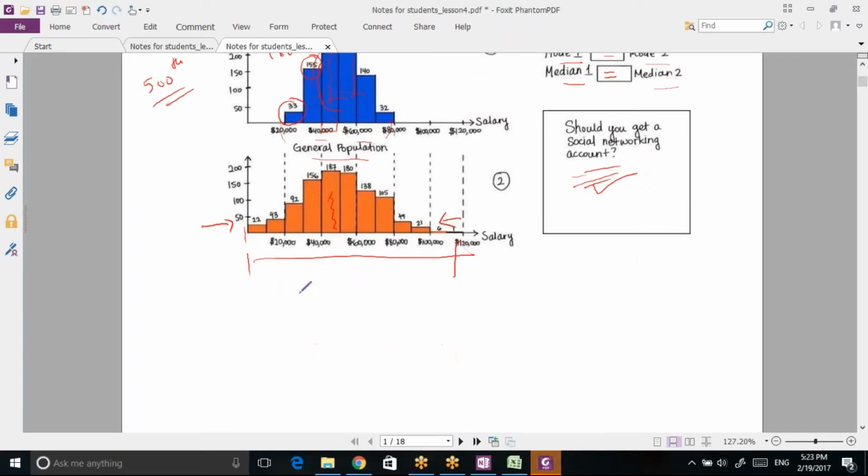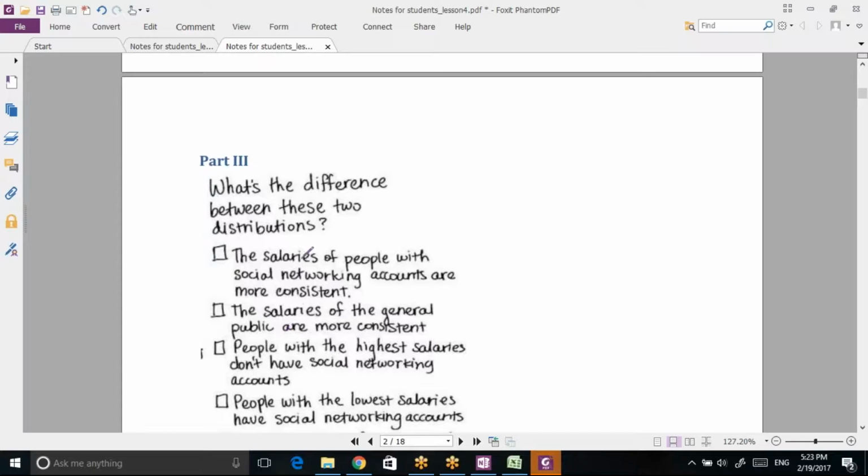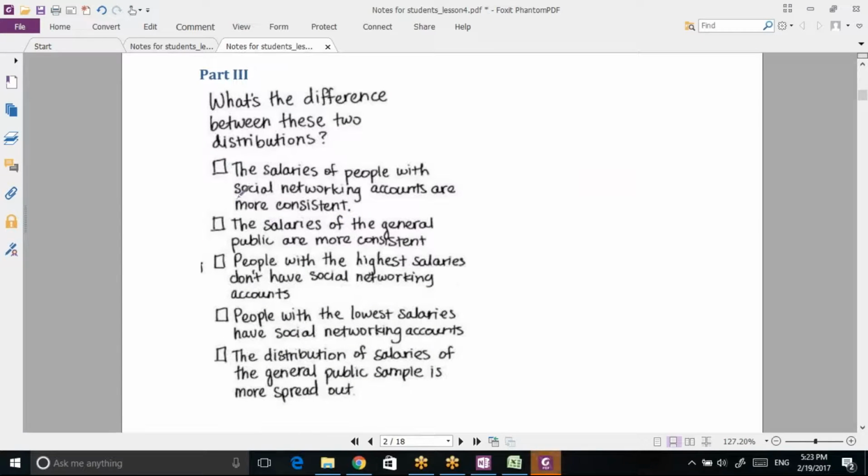Okay, now answer this one. What is the difference between these two distributions? These are your 5 options. Think and answer. Put your answer in the chat box quickly.